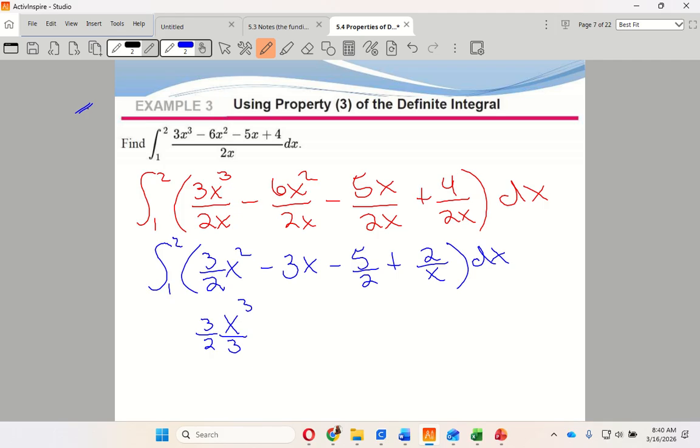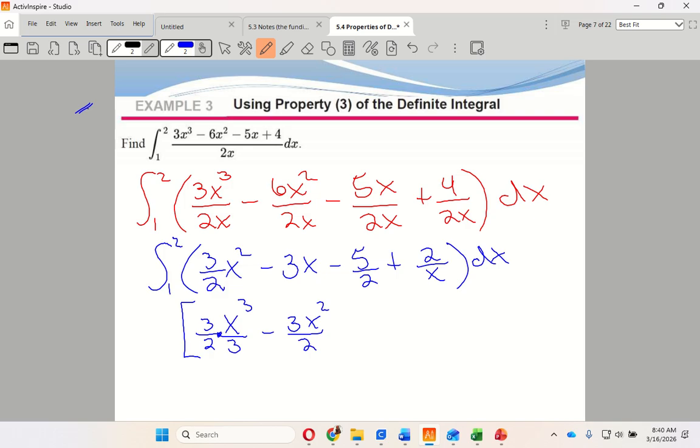Hopefully writing it like this might be helpful to see what's happening. And what's going to happen right there? The 3 is going to cancel, right? I'm just writing it out step by step for you. Minus, that's going to give me 3x squared over 2.